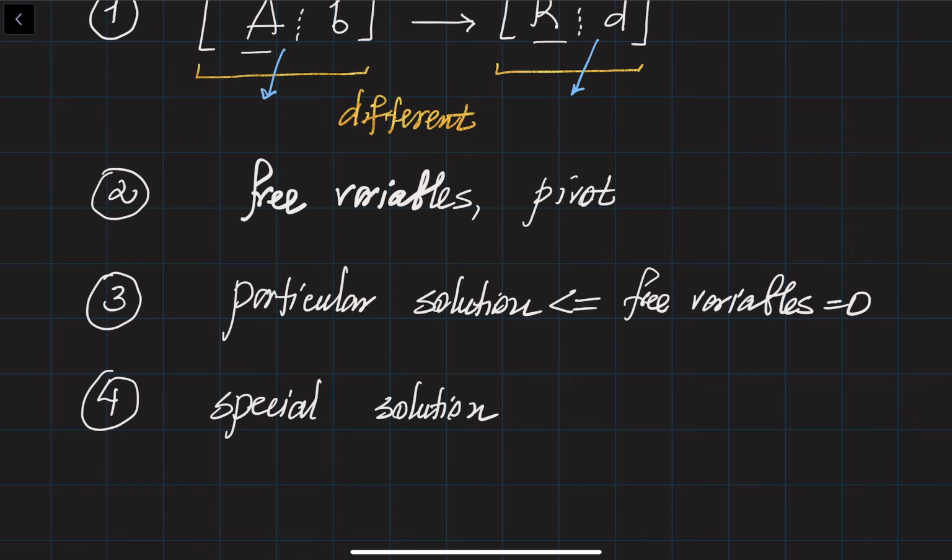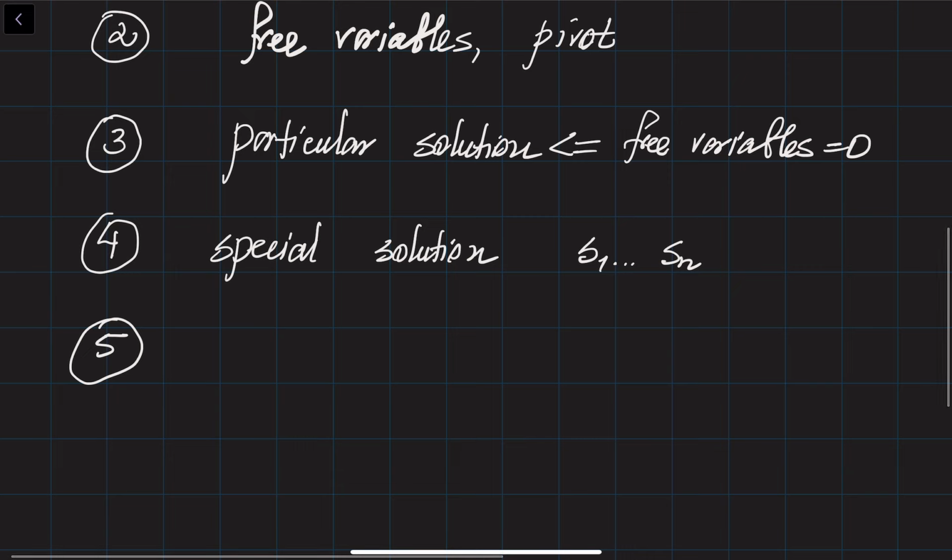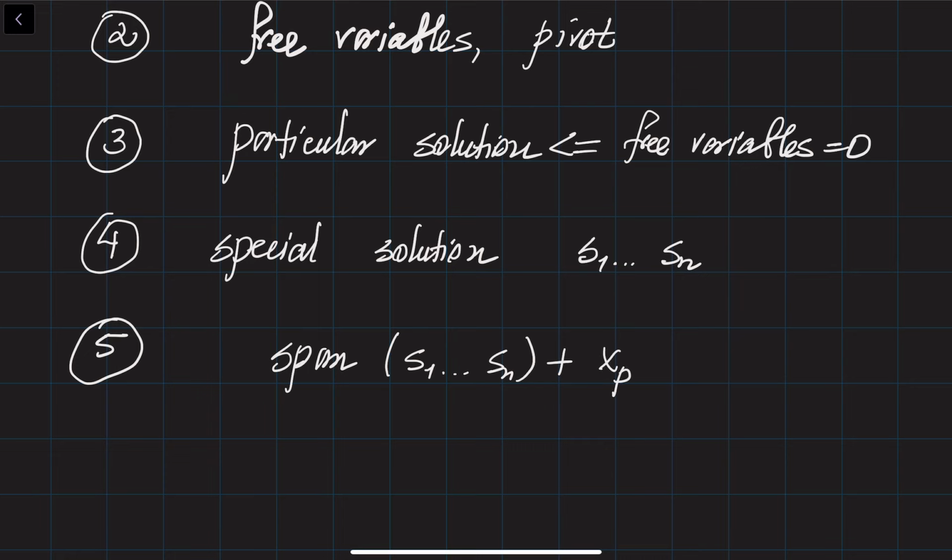And the number of special solutions is going to be equal to the number of free variables. And at the end, we are going to simply combine them. So the complete solution, or the space of all of the solutions, is going to be the span, all possible linear combinations, of the special solutions, plus the particular solution, x particular.